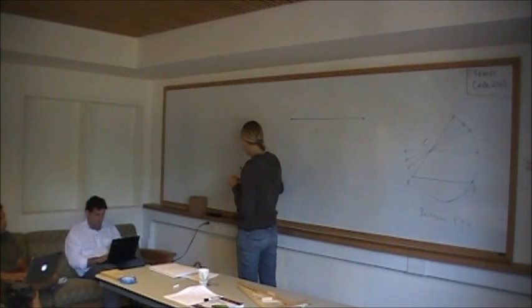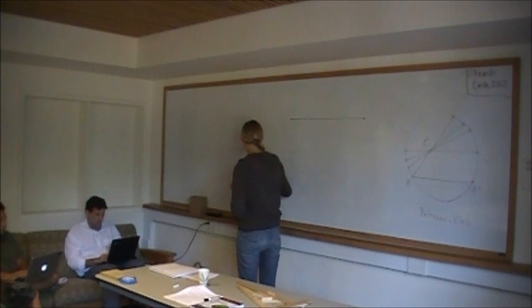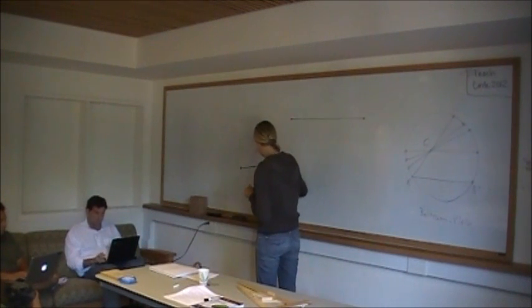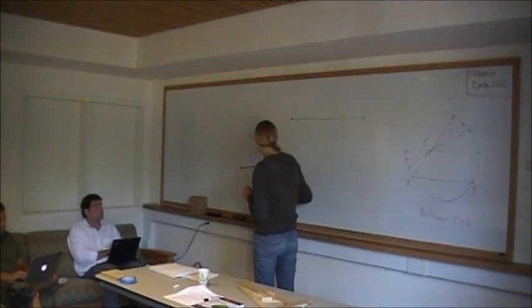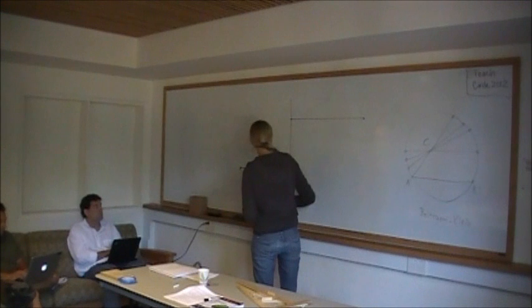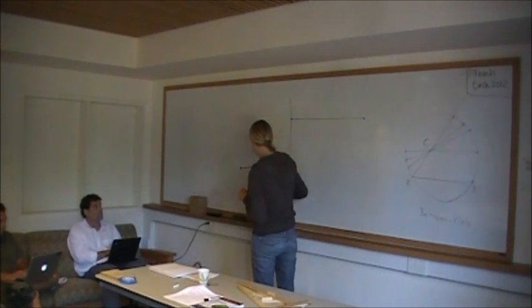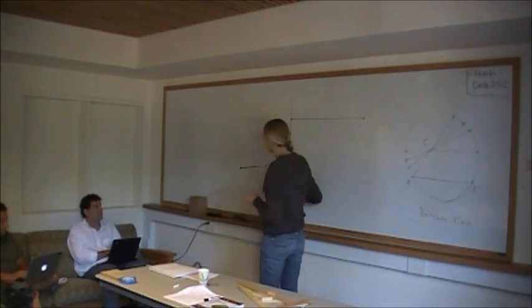I'm going to do that by extending this line and then making a circle and marking it off, and extending and making a circle and marking it off. And so now I've got 3 segments here. Then I'm going to draw some random line kind of like that, and mark off this thing here. I probably could have saved myself a step by just starting out with that.